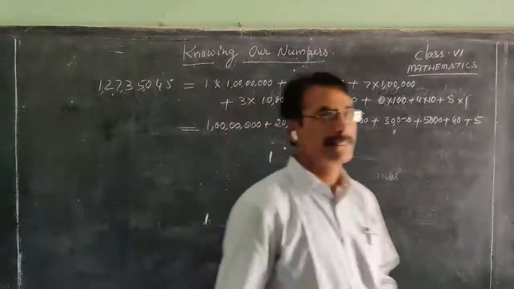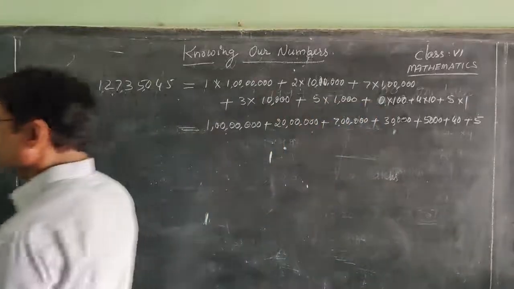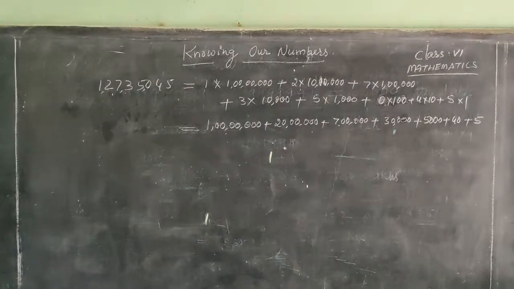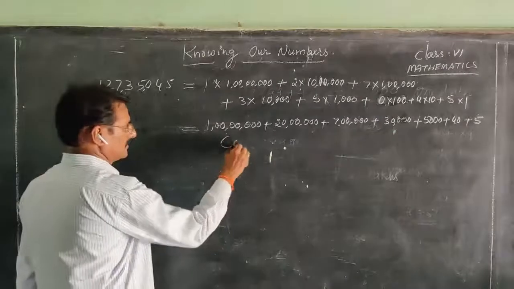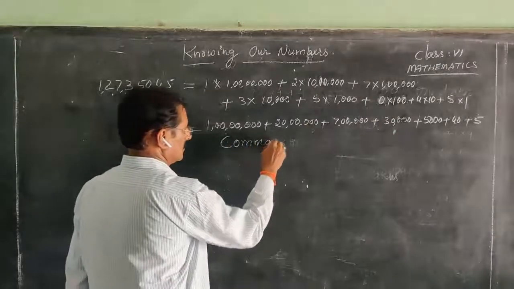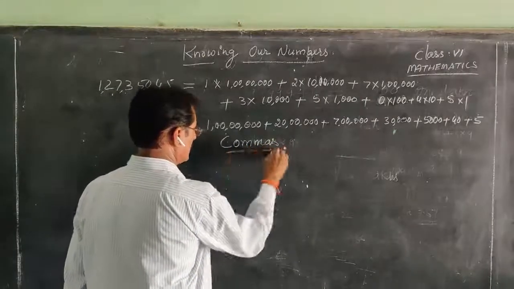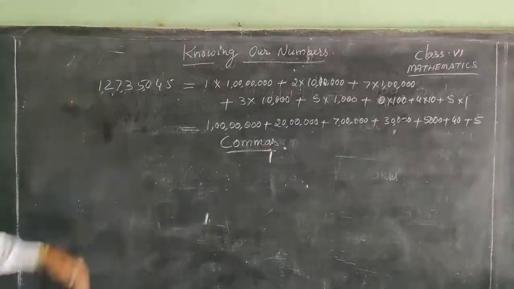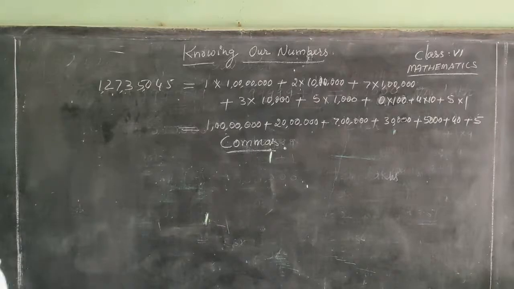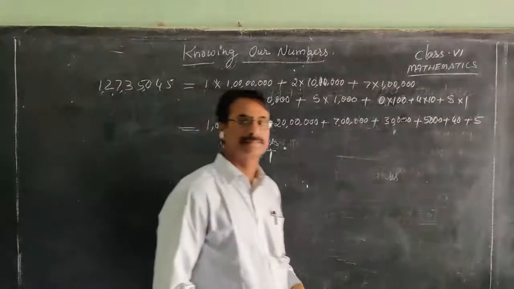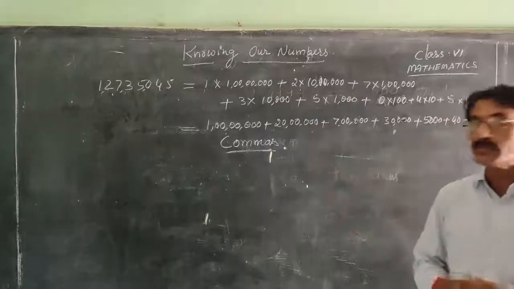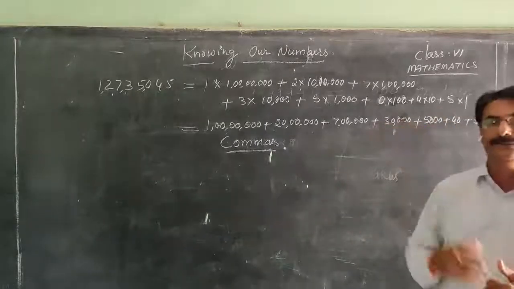Next, we have used the comma between the digits. Why? So that we can read and write easily.